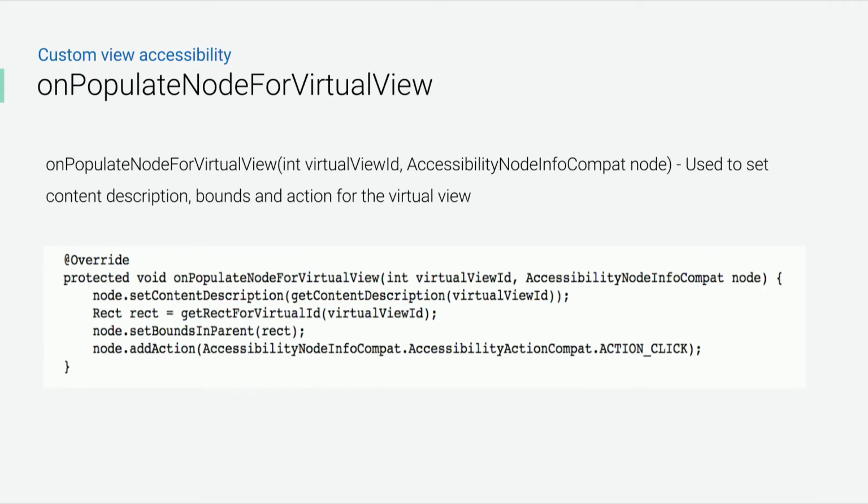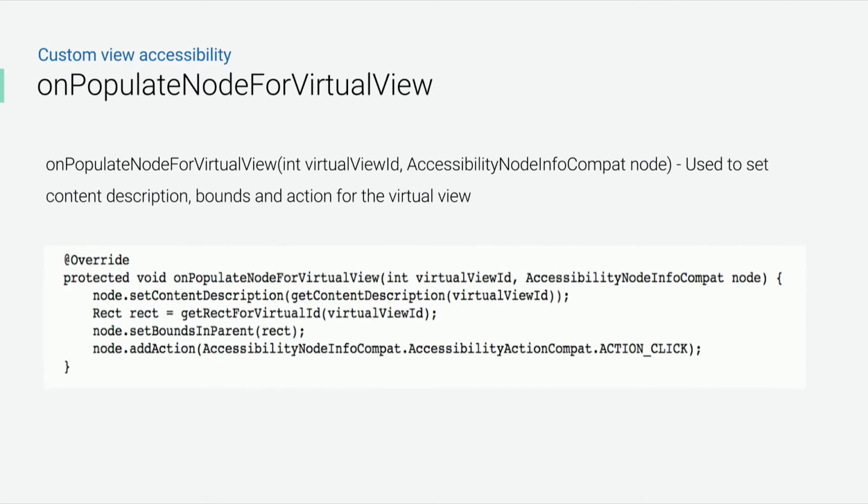On populate node for virtual view, after the user clicks on the virtual view, you will get an ID for the virtual view and also an accessibility node info. And based on the ID, you should populate the content description of the virtual view.